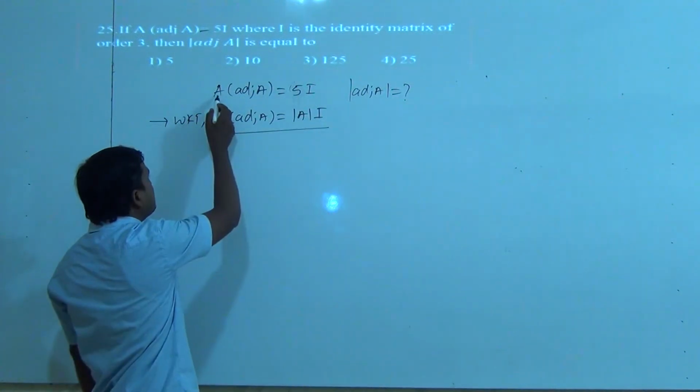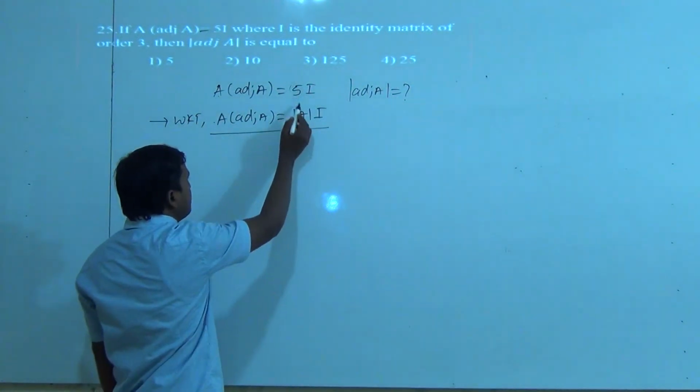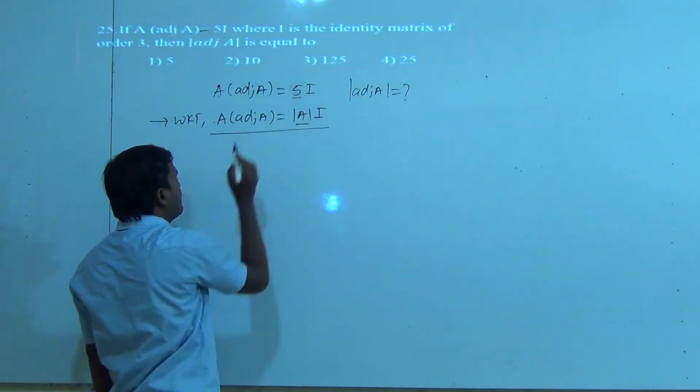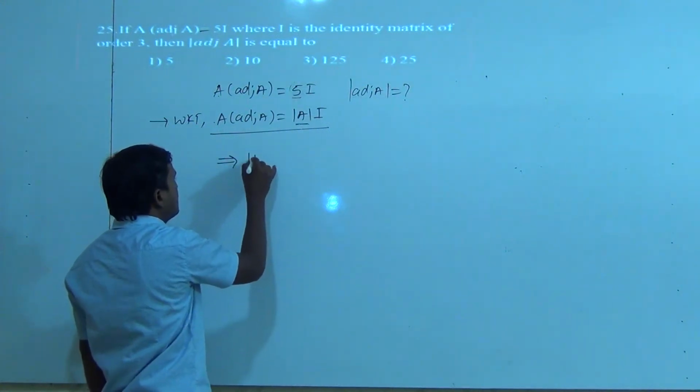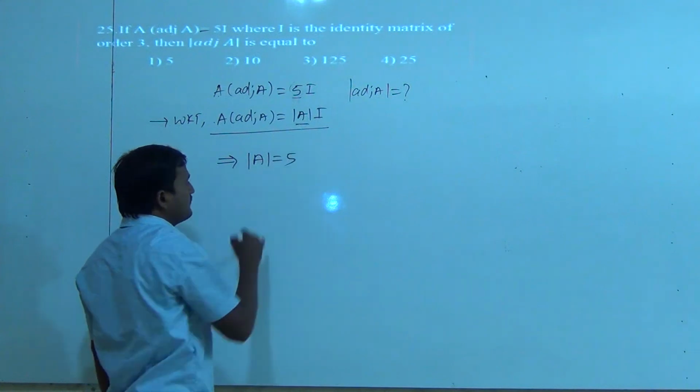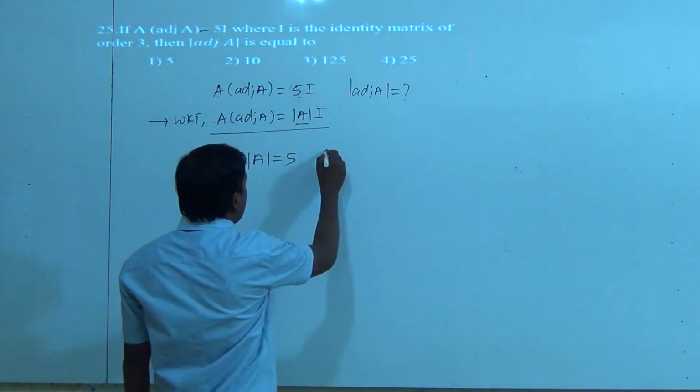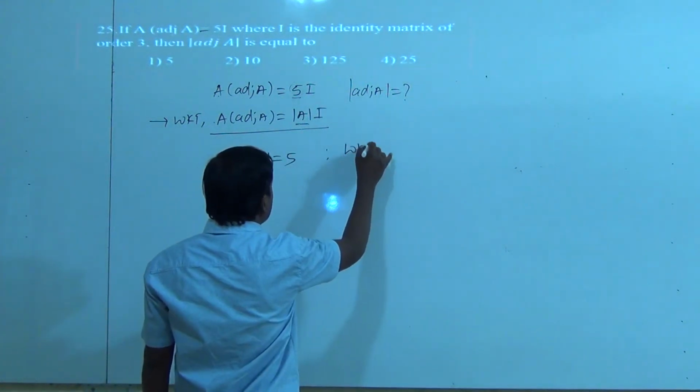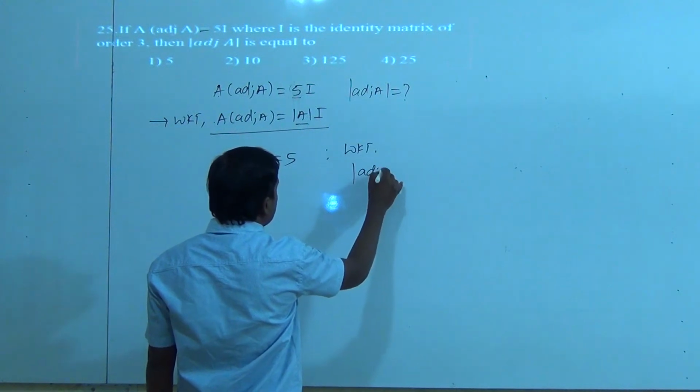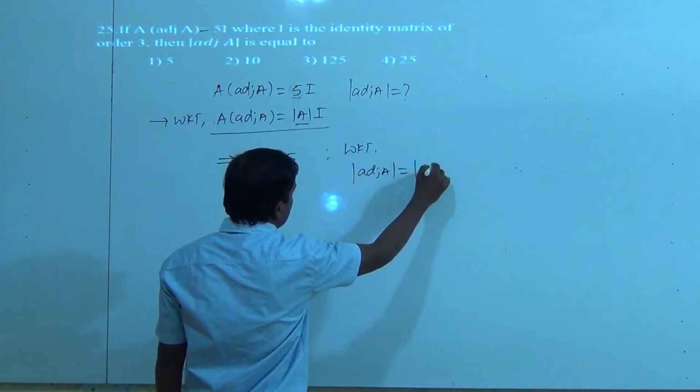By comparing this and this, in the place of determinant of A we have 5. So clearly this implies determinant of A equals 5.